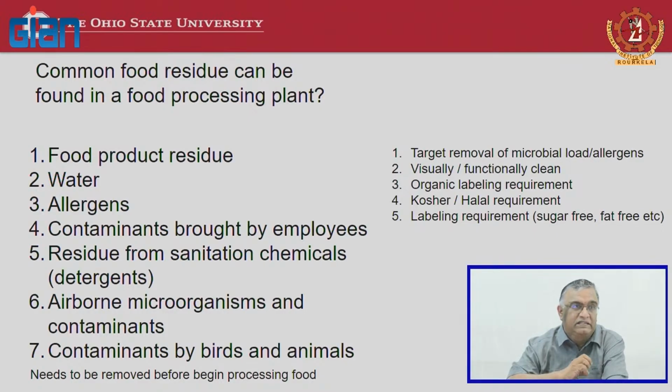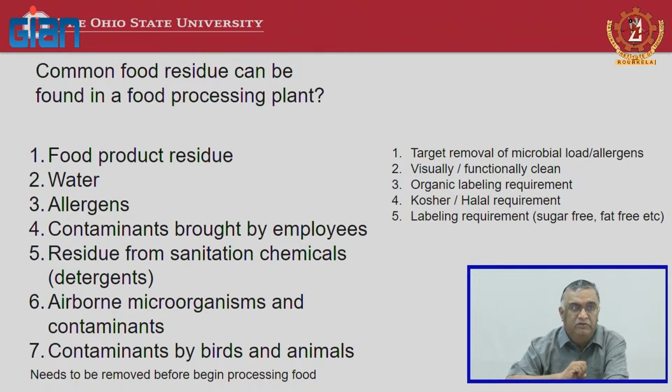The employees come from home, so they may bring some contaminants, and usually when you sanitize, you use chemicals, and if you don't properly sanitize, you may have some chemical residues. Of course, the microorganisms are there, and you probably have birds and other animals in the neighborhood, so they may drop things and so on, and that can be a problem.